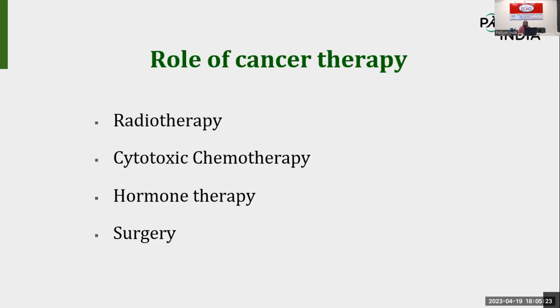Okay, and the role of cancer therapy: radiotherapy, cytotoxic chemotherapy, hormone therapy, and surgery. These can help if the patient's health condition is good. The only thing is there is a chance of bleeding. At that time you can think about radiotherapy, chemotherapy and hormone therapy. This will help to reduce the size of the tumor, and that way we can give some quality of life for a few months.